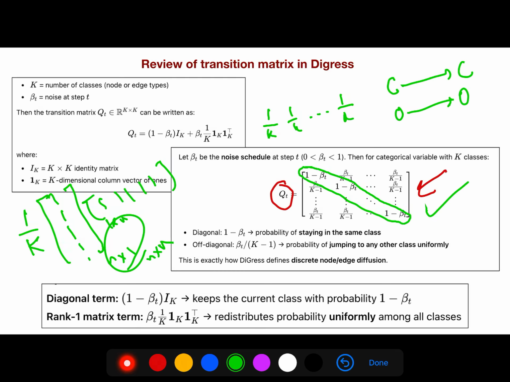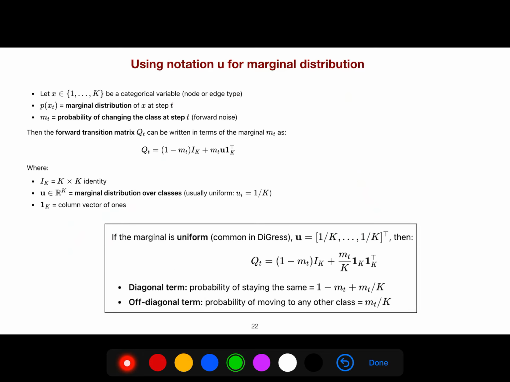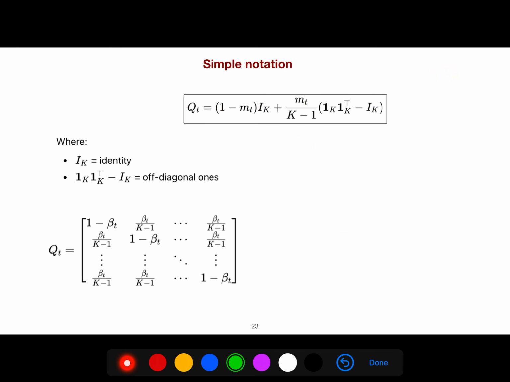You know the diagonal, you know the off-diagonal. Another way to write it is like this. Now, the U notation, U here is just the uniform distribution that I mentioned. There are different ways to write it.